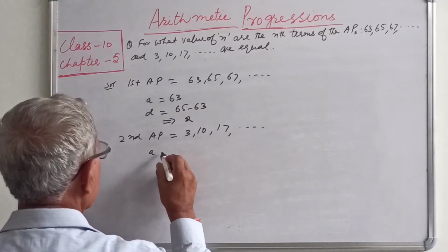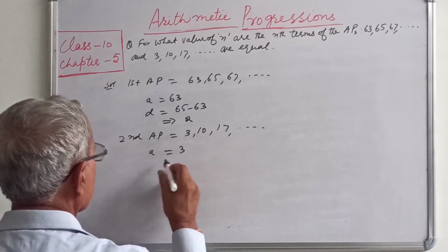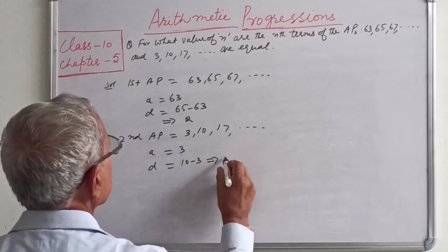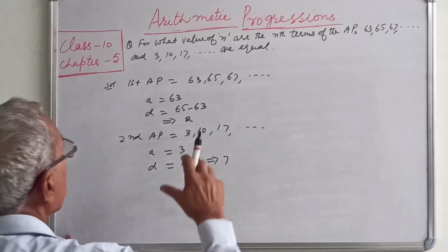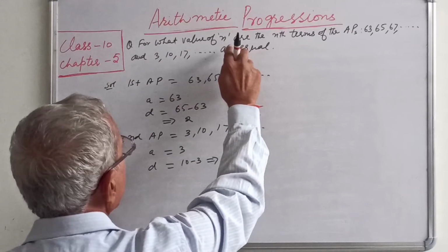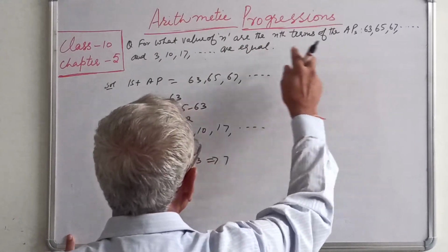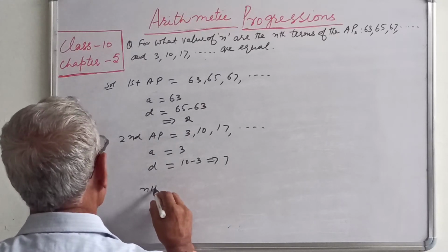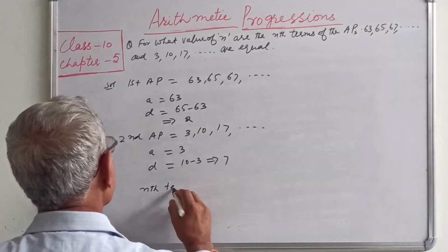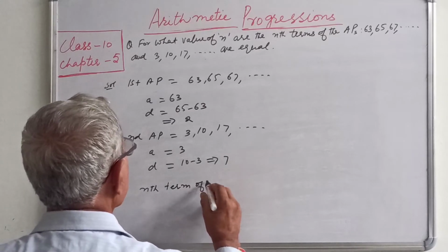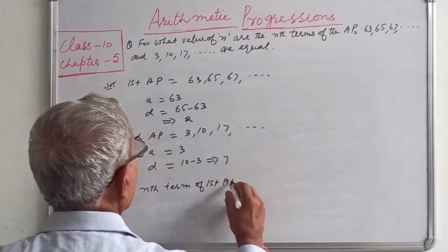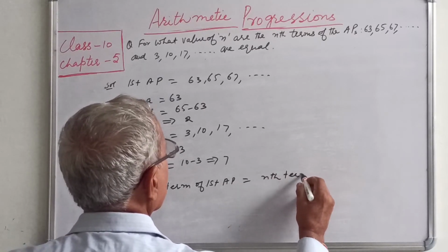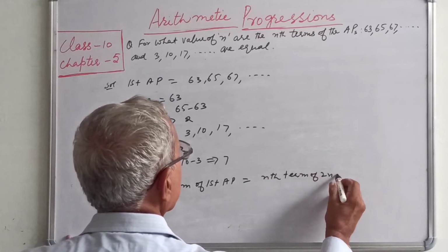So A is 3 and D for this AP is 10 minus 3, that is 7. Now we have to find for what value of n the nth terms of these two APs are equal. So the nth term of the first AP is equal to the nth term of the second AP.